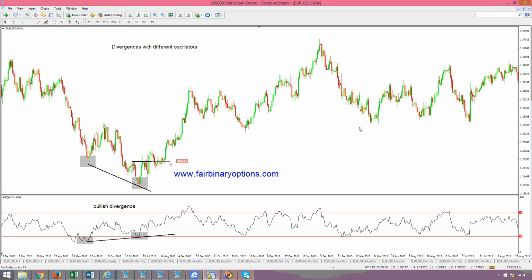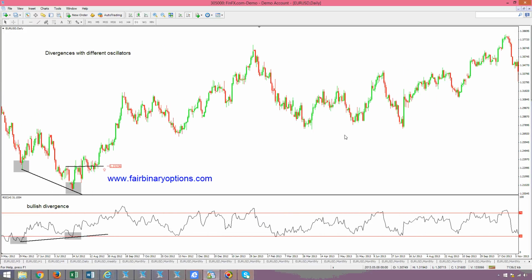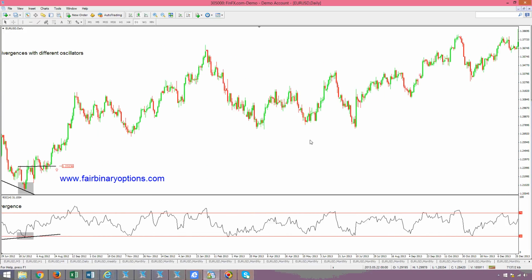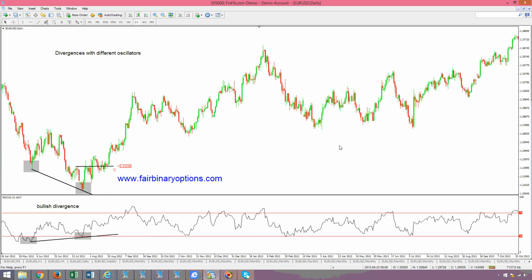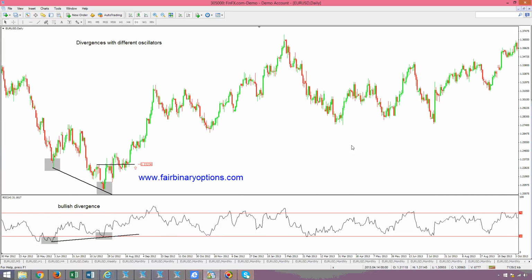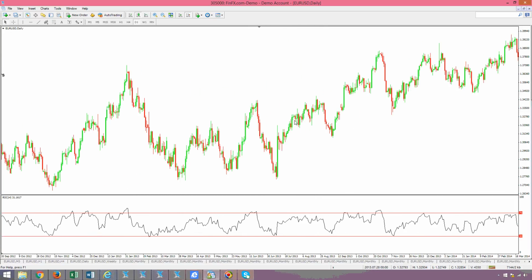How about the bearish divergence? It is the same, when the market makes two separate highs but the oscillator does not confirm the high. This is a high and this is another high, and the oscillator confirms, so not valid.